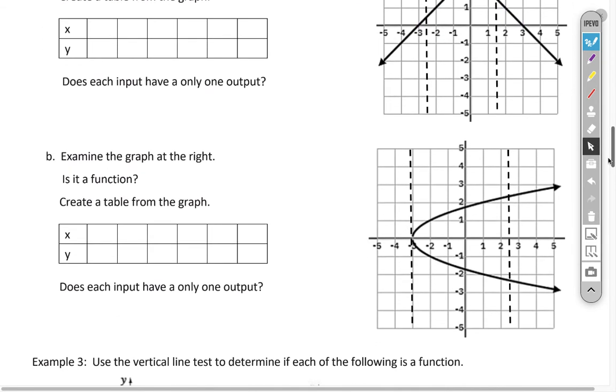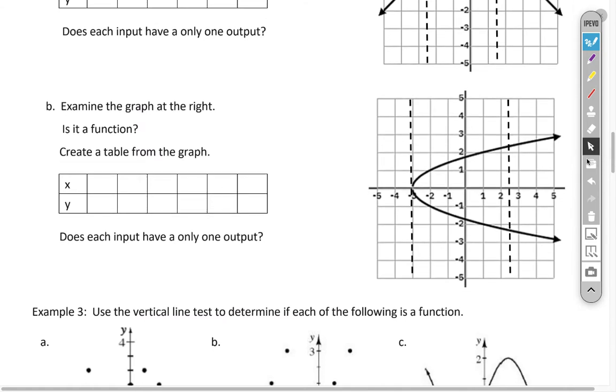Now let's keep it going. Now let's look at B. It says, first things first, is it a function? Well, imagine taking your vertical line, take your pencil across the screen, pause it if you want to, and just move a vertical line across this graph. So we have a dotted line here.